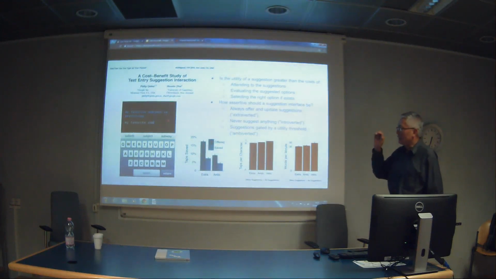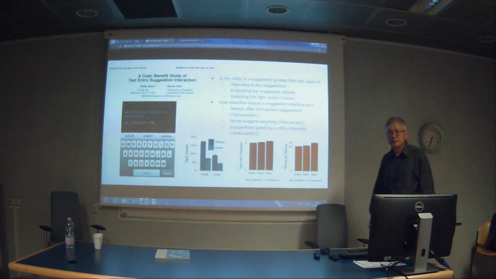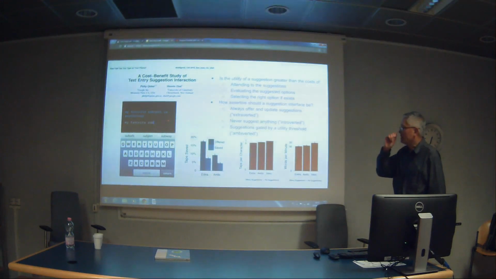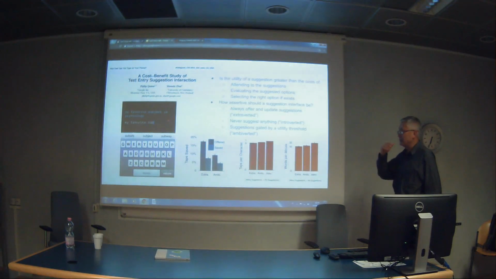So this experiment emulates about the best possible language model prediction, which gives about 40% keystroke savings on average, and sees how much cost there is to take the rest of the saving on a keystroke level. So fundamentally, we want to assess the utility of the suggestion.